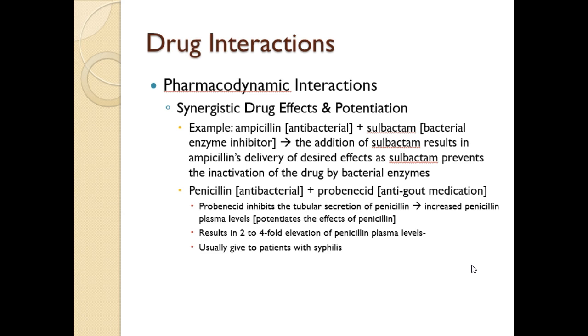But probenecid, if you combine it with penicillin, actually inhibits the tubular secretion of penicillin. So this will increase penicillin plasma levels and will strengthen the effect of penicillin. It shows a 2 to 4-fold elevation of penicillin plasma levels. So that's a very good example of synergistic drug effects.